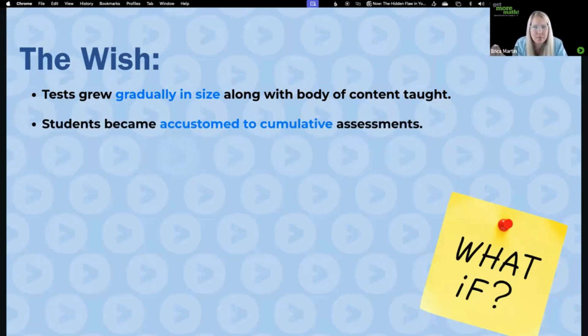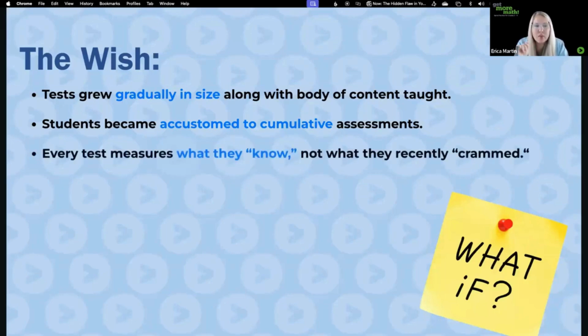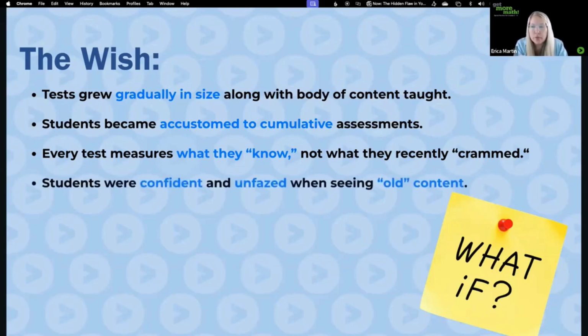And when I say that, I mean not an assessment on just the last chapter, but an assessment that somewhat covers everything they've been taught so far. What if that became the norm? What if every test you gave measured what they actually know instead of what they just crammed the day before when you gave them the review packet? What if your students were confident and unfazed every time they saw old content?